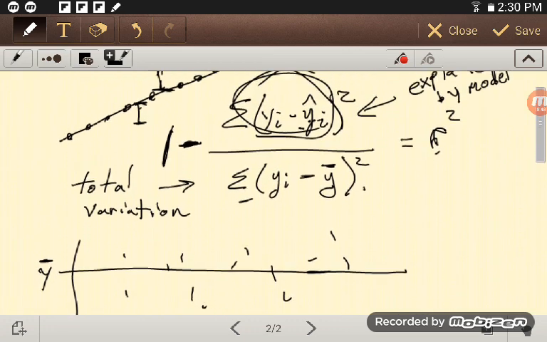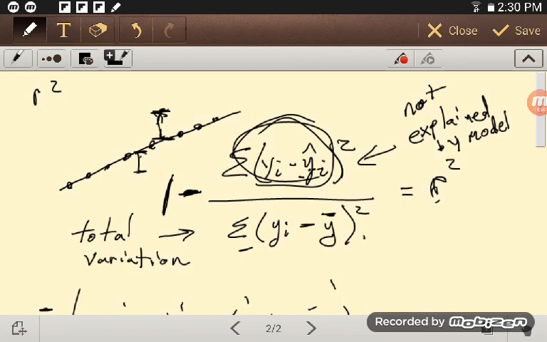Again, I screwed that up at the beginning, but here's the model, there's the actual data, so as I add up those variations, that's what is not explained by the model, and so we get that ratio and take 1 minus that.